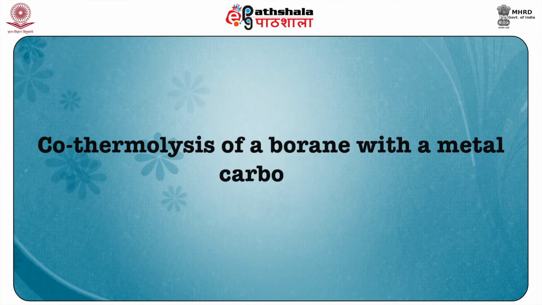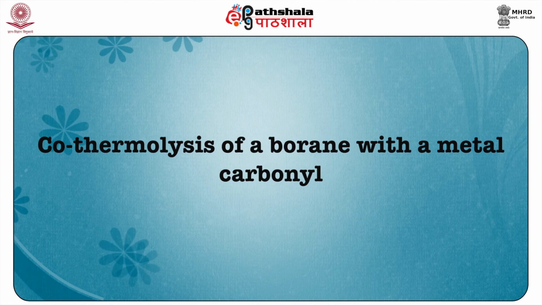Co-thermolysis of a borane with metal carbonyl. The co-thermolysis of a borane with metal carbonyl or related metal complex yields product with not more than 20% yields. However, by modifying the reaction conditions, the yield can be improved.